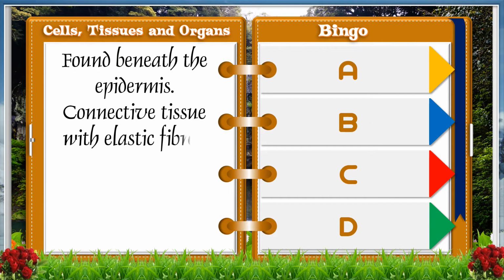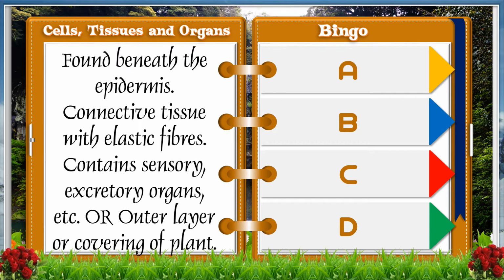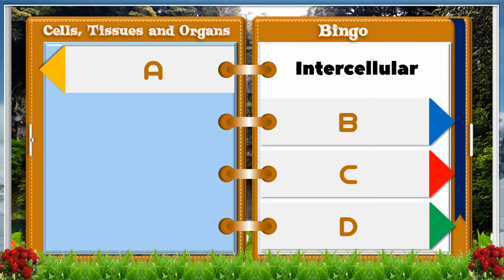Found beneath the epidermis. Connective tissue with elastic fibers. Contains sensory, excretory organs, etc. Or outer layer or covering of plant. A. Intercellular.